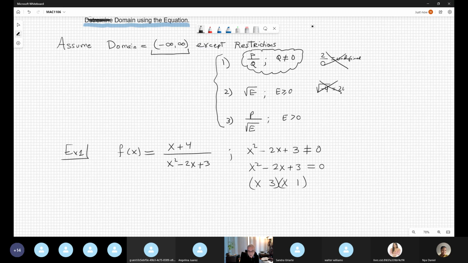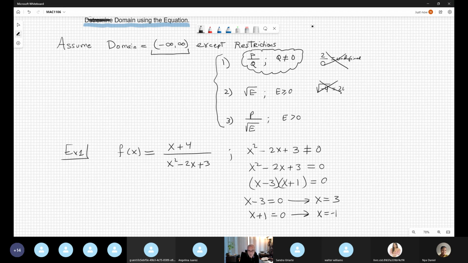Because 3 times 1 is 3, and 3 minus 1 is 2. And the signs are negative here and positive here. Therefore, you apply the zero factor property, and each factor is equal to 0. So one solution is positive 3, another solution is negative 1.